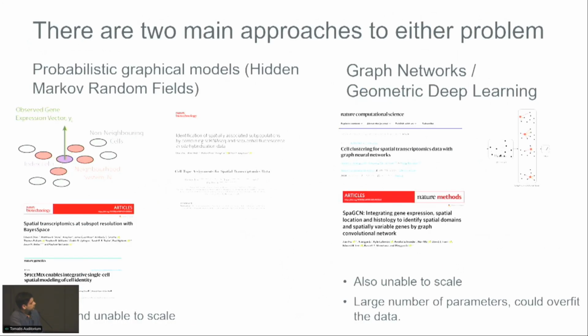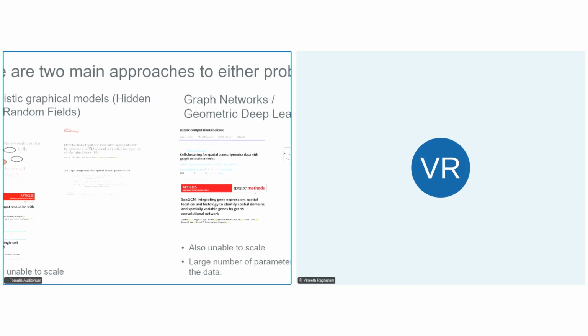Before we get into that, when we published the paper, there were a bunch of methods already in the space that try to address these problems. You could divide them into two broad classes. One is Markov random field-based methods, like Giotto's HMRF method, SpiceMix, and BayesSpace. These methods tend to be quite complex and struggle to scale to very large data sets, like million cell data sets.